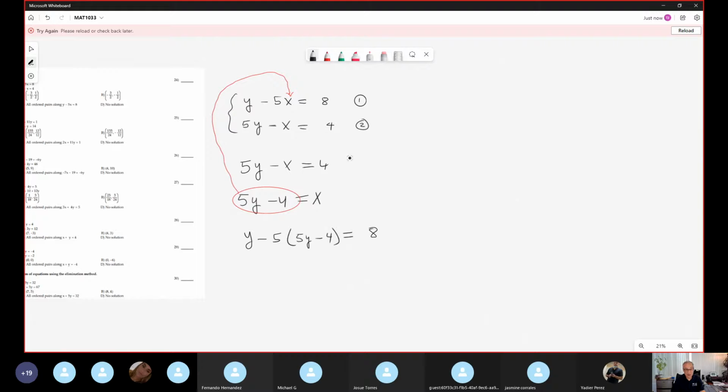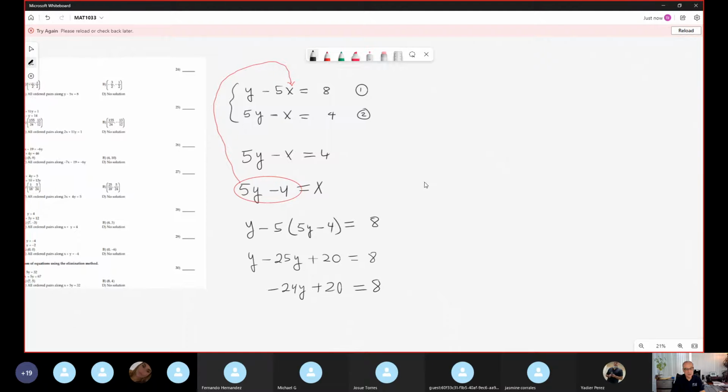But no. So now, of course, you get the identity? No, in this case, no. So y minus 25y plus 20 equal 8. We combine like terms: positive 1 and minus 25 is minus 24y plus 20 equal 8.